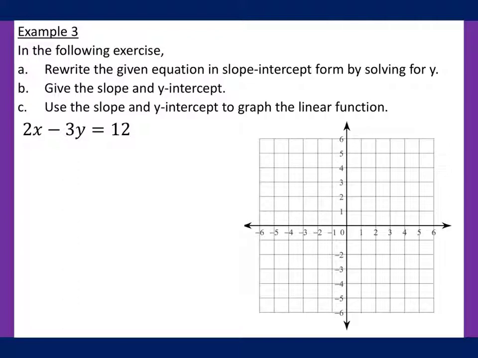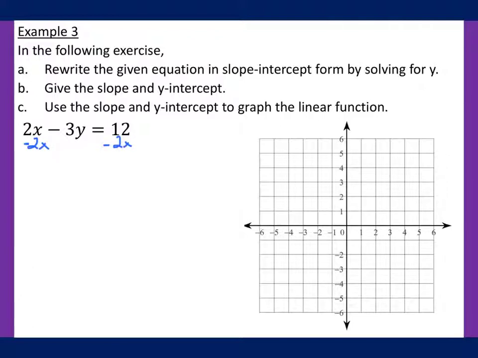Now we want to talk about solving for y. On this section it says A, rewrite the given equation in slope-intercept form by solving for y. It's actually pretty easy to solve for y because you always end up doing the same thing. We always want to either add or subtract our x over to the other side.